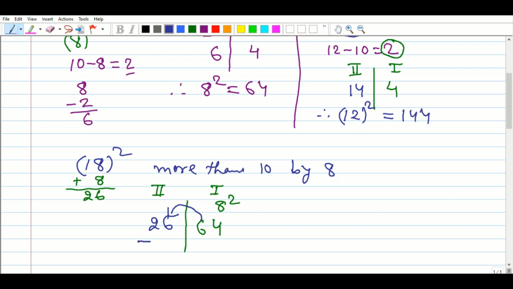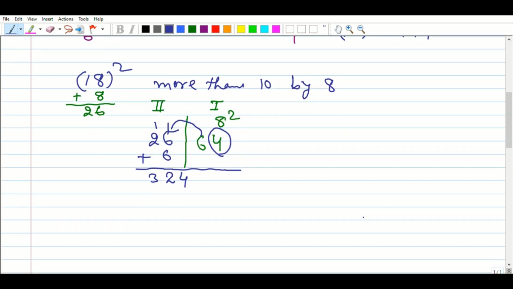That means you add 6. We get, removing the vertical line, 2 and here 1, it becomes 32, and here we will take only 4. So we can write 18 square equal to 324.